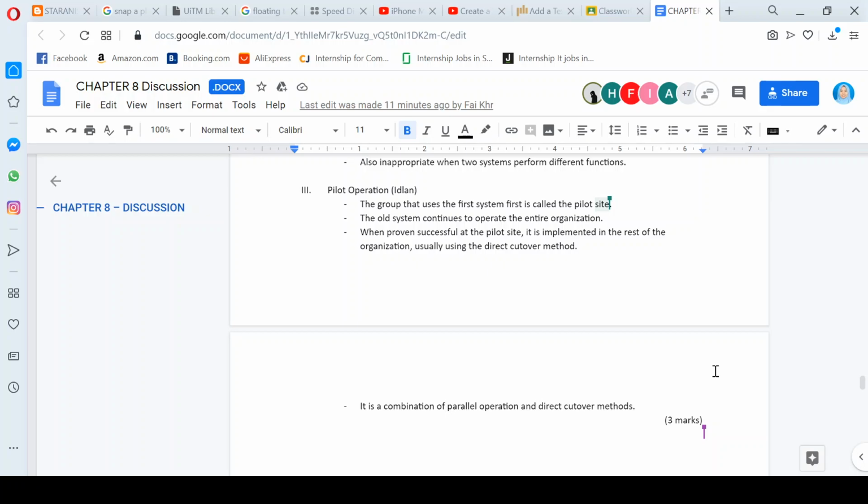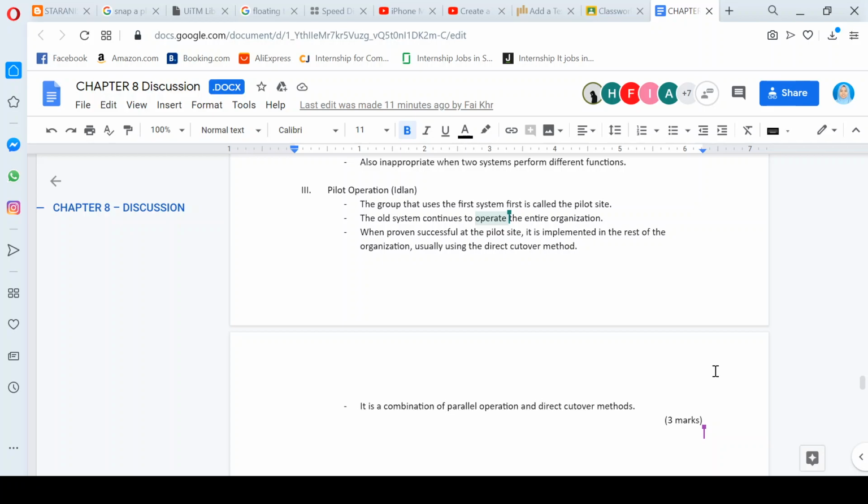So itu dipanggil sebagai pilot operation. So we need to focus the new system on the pilot site first. So if the system is working fine, then we will implement the direct cutover. So all the campuses, the branches, they will start to use the new system.